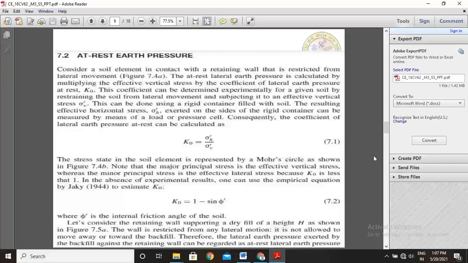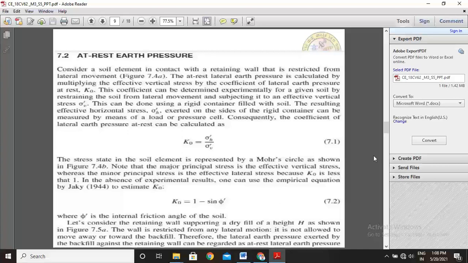The resulting effective horizontal stress, sigma dash h, exerted on the sides of the rigid container can be measured by means of load or pressure cells. Therefore, the coefficient of lateral earth pressure at rest is calculated by the equation K naught equals sigma dash h by sigma dash v. This is equation 1.